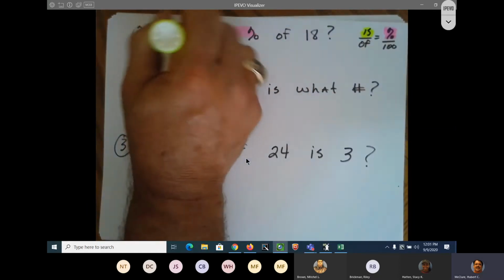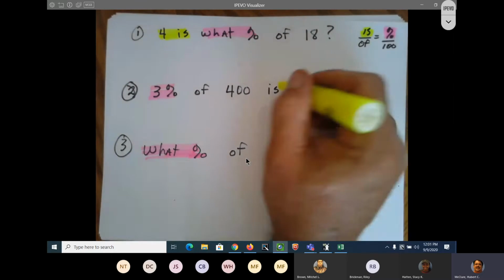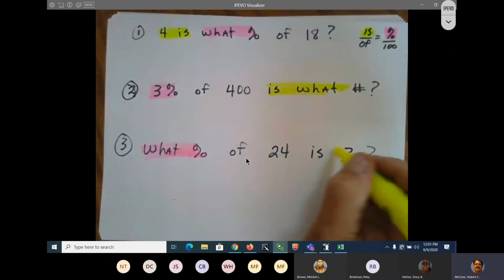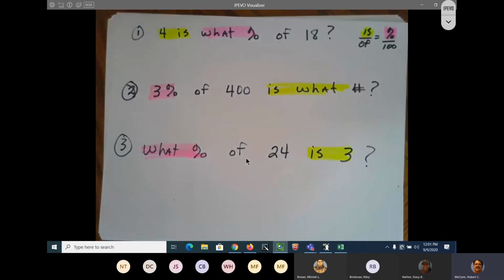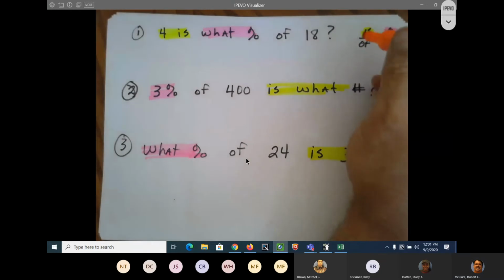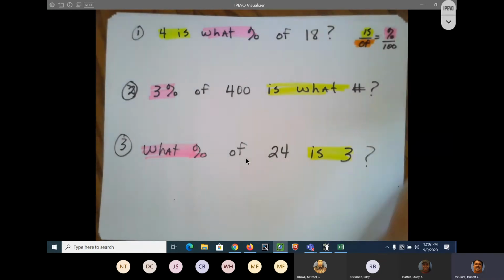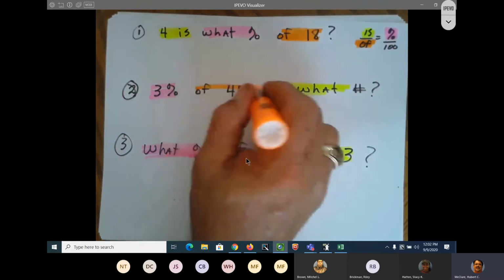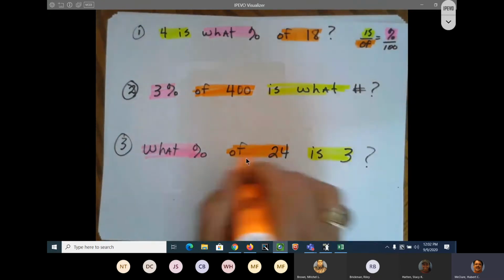There's is, there's is, and there's is. And of, I'm going to make orange: of 18, of 400, and of 24.